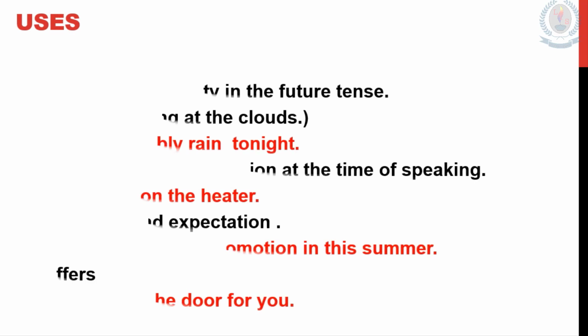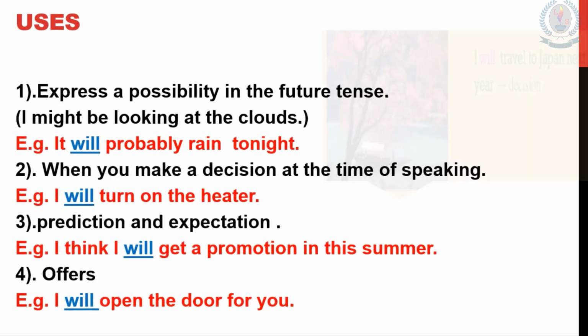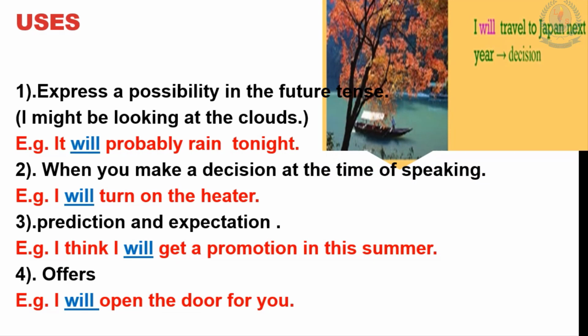Uses. So the first one is to express a possibility in the future tense. It will probably rain tonight. So I might be looking at the clouds. Then I can say it will probably rain tonight. When you make a decision at the time of speaking: I will turn on the heater.